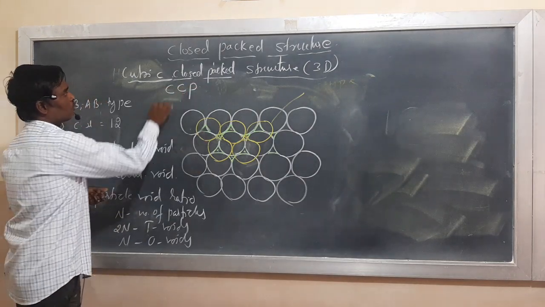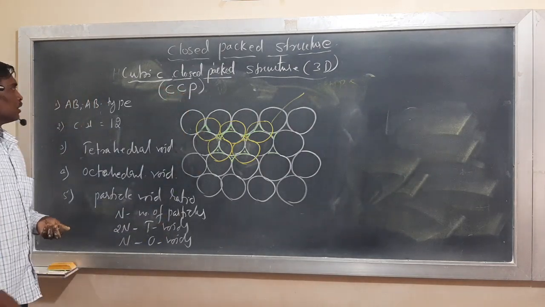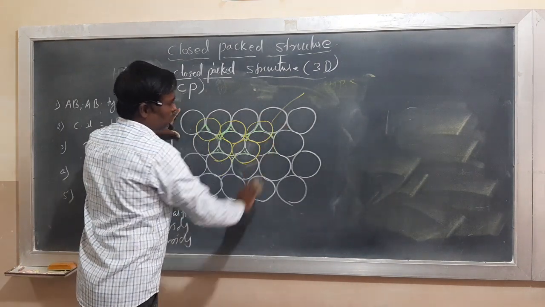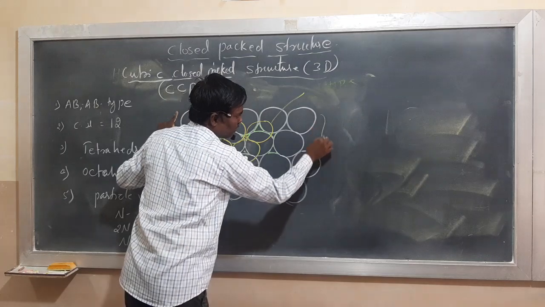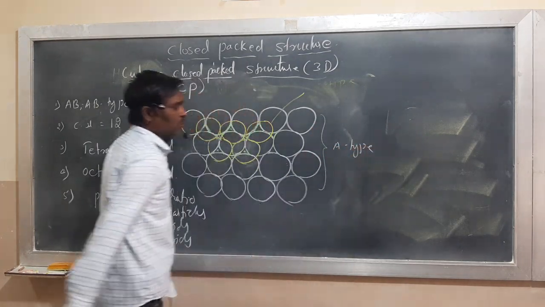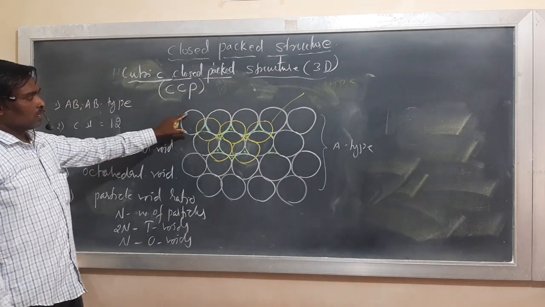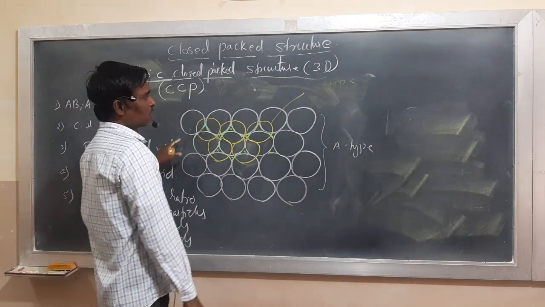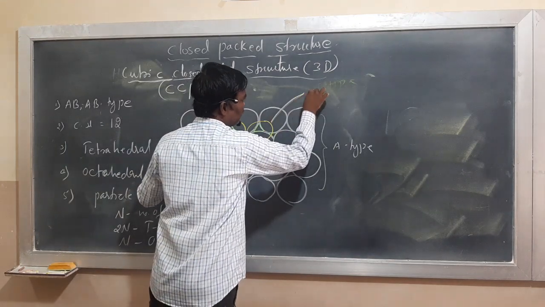Okay, so cubic close packed. In cubic close packed, the first layer, we define as an A type of hexagonal close packing, and the second one is exactly the same as in HCP, that is a B type.